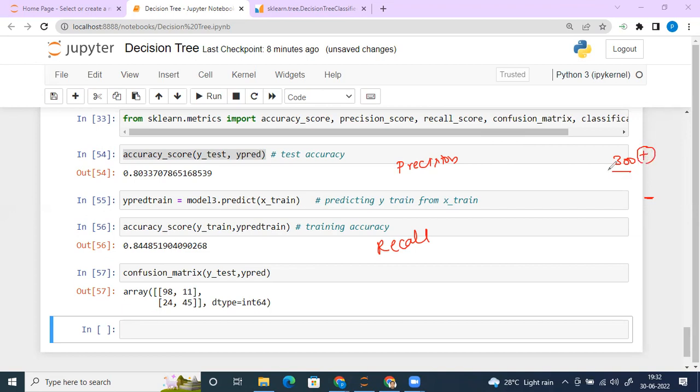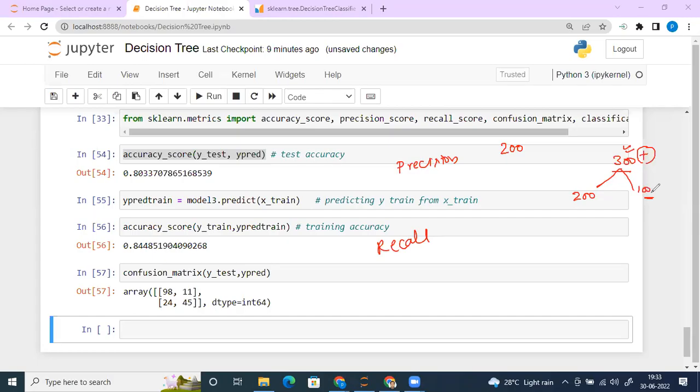So we'll put 200 here. In total 300 data points are there, out of which 200 belong to this class and 100 belong to a different class.